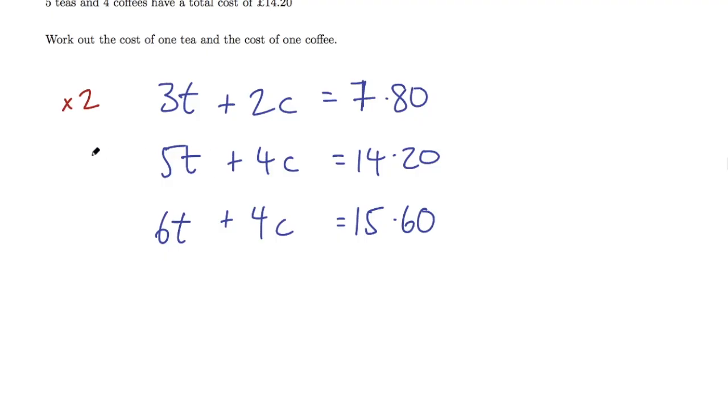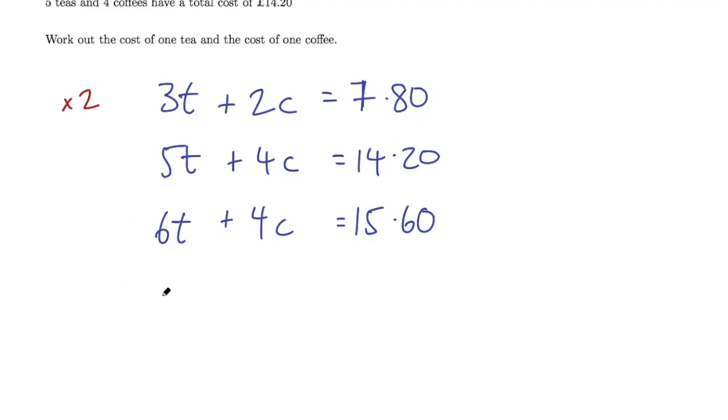So hopefully you've done this before and you understand where I'm going with this. Now that I have made 2 of the unknowns equal, I can subtract those equations, and I end up with, actually it's going to be easier if I do it the other way around. So I subtract this equation here from this one.